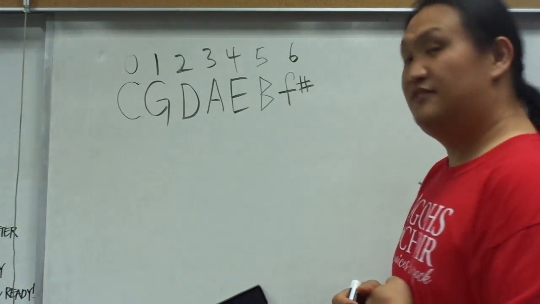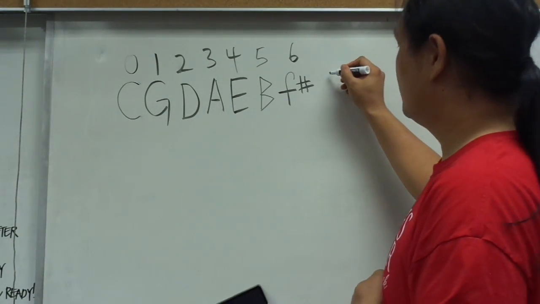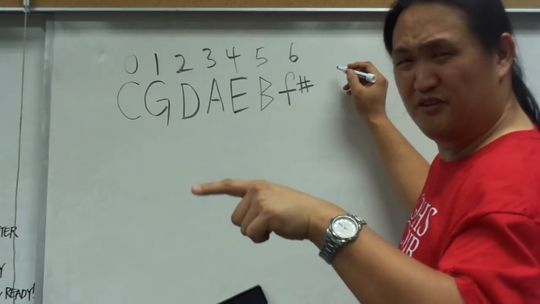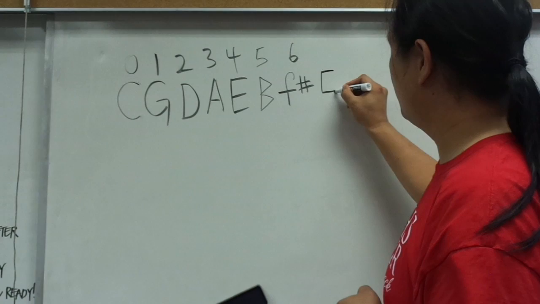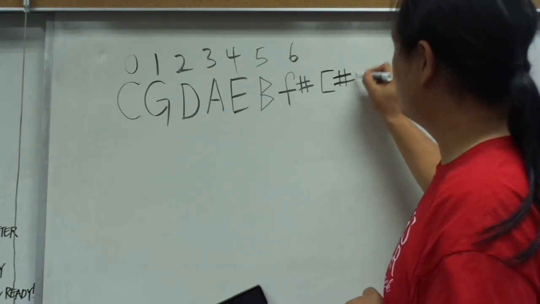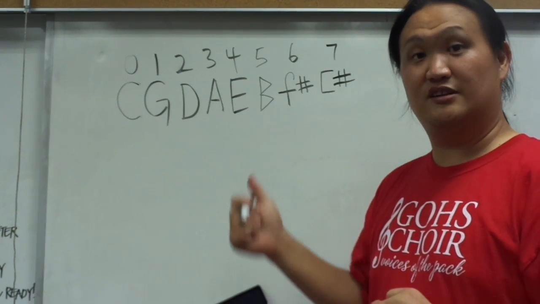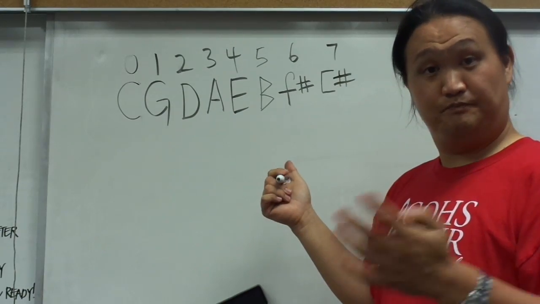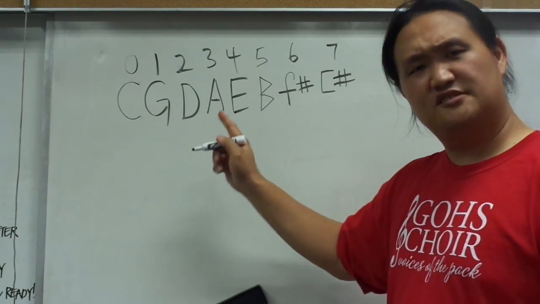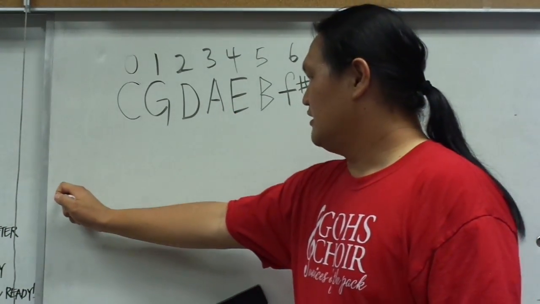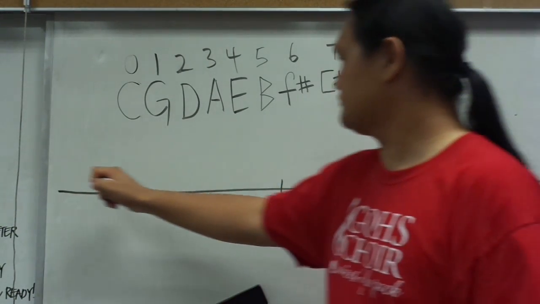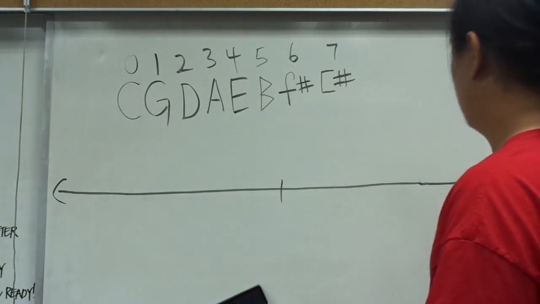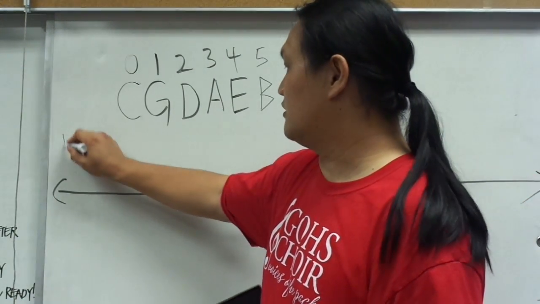Okay? And then C sharp, kind of the one of those type set. So you have 1, 2, 3, 4, 5, 6, 7. So 7 sharps are found in the key of C sharp major. Okay? So let's keep that in mind. If I extend that out and create this number line, this is my flat world.